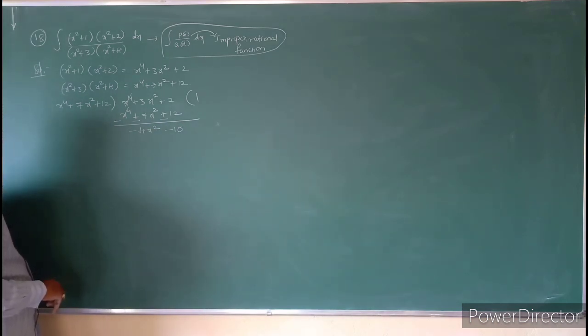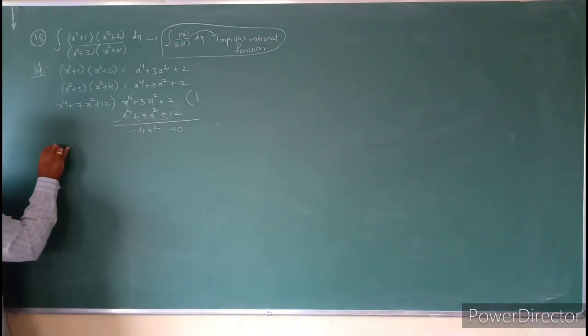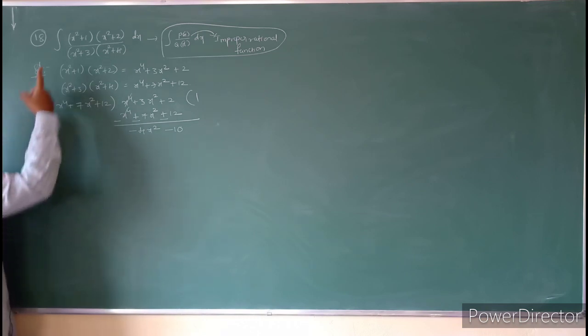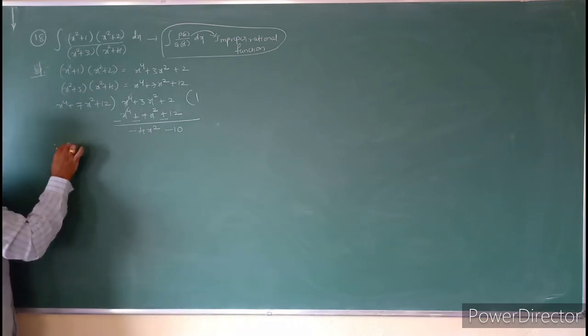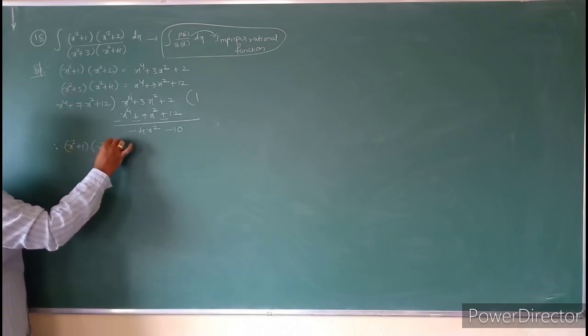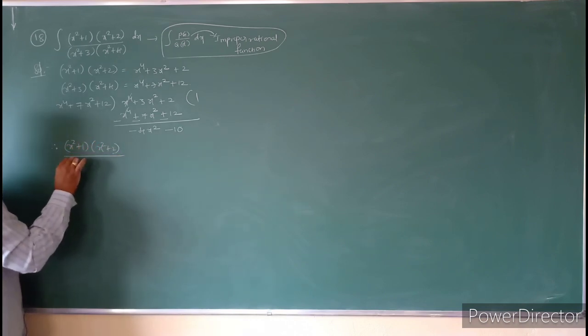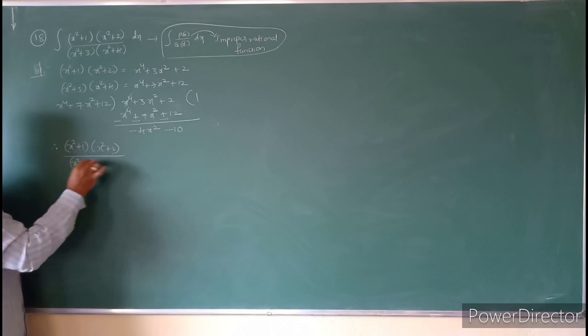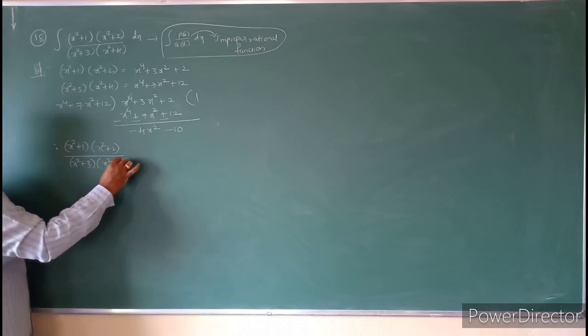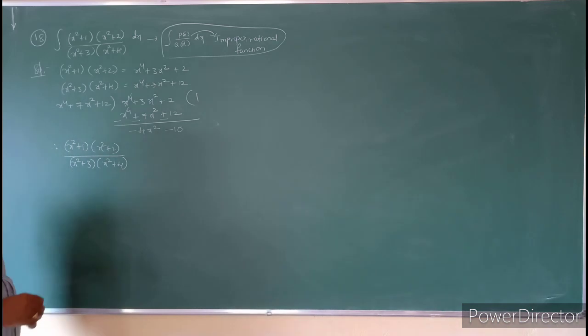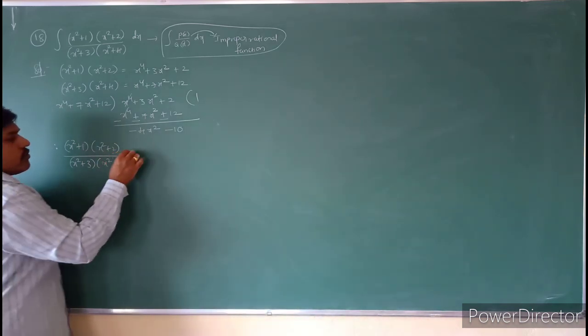So how can you write this one? Therefore this value, x square plus 1 into x square plus 2 by x square plus 3 into x square plus 4. How can you write this, students?